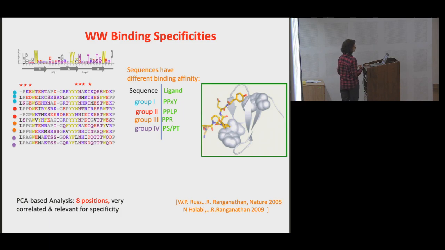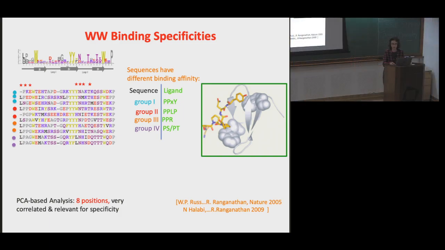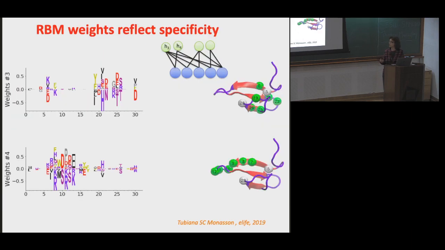And when we have trained our RBM on this data set, we find back something which is very similar to this vector. So these are more or less the 8 positions which were identified by this sector analysis, and this was just one weight vector, the principal component weight vector.